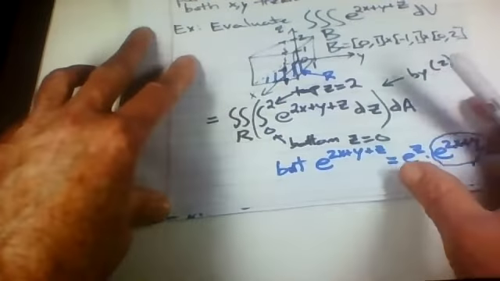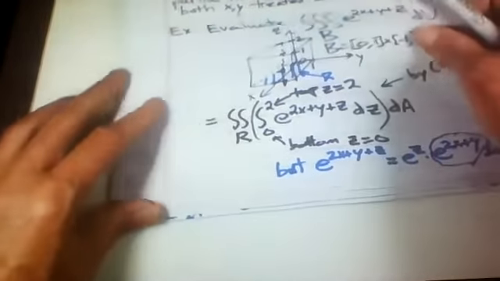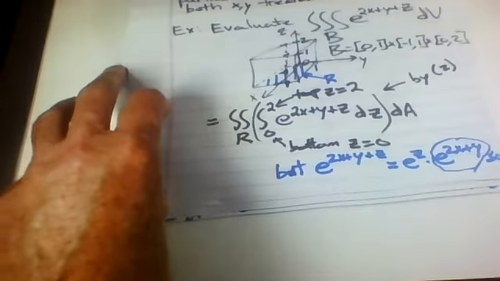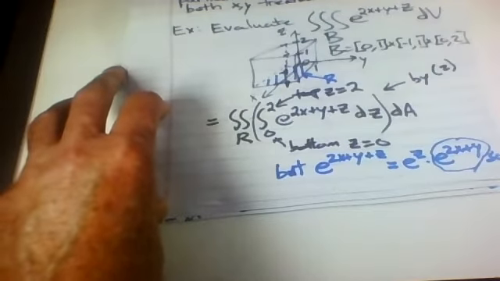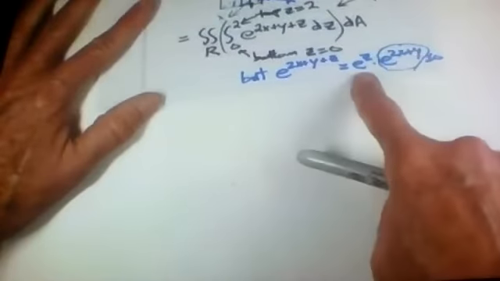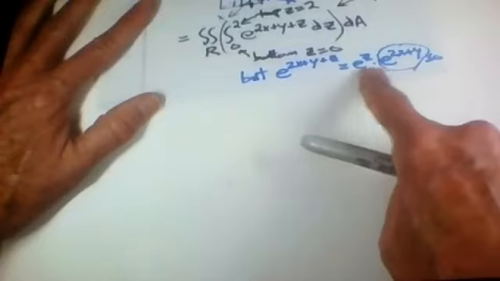Well, here's a trick that you'll see sometimes in the book and other places. People use it all the time. That might make some of this a little easier. You rewrite e to the 2x plus y plus z as e to the z times e to the 2x plus y, because you recognize now it's a function of z times a function of x and y only.